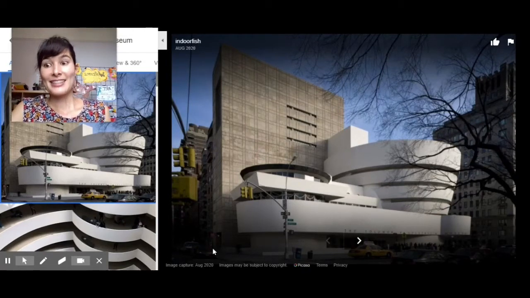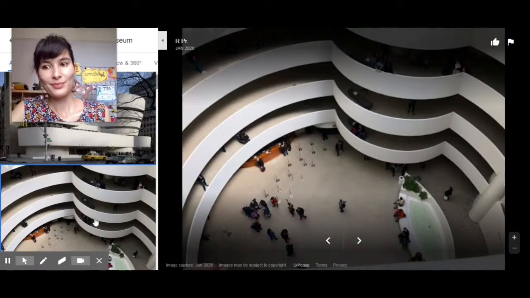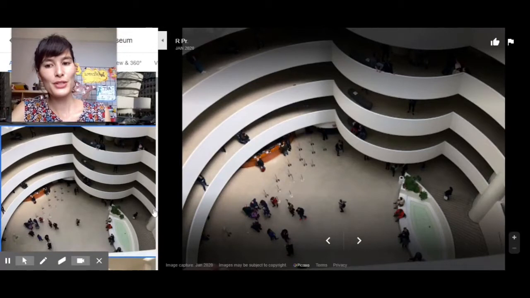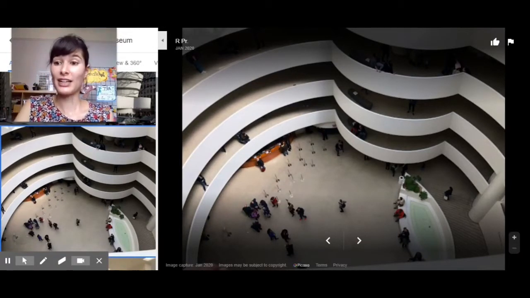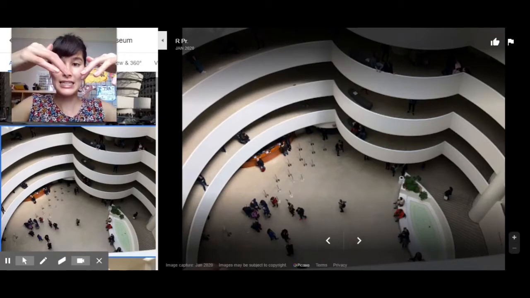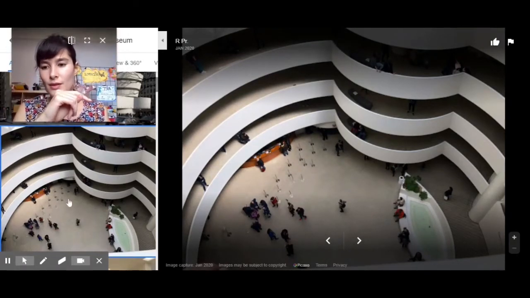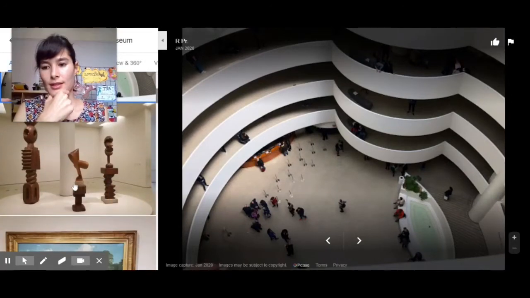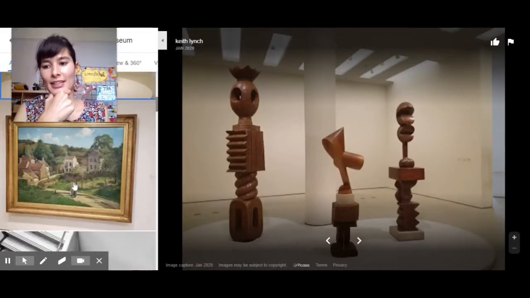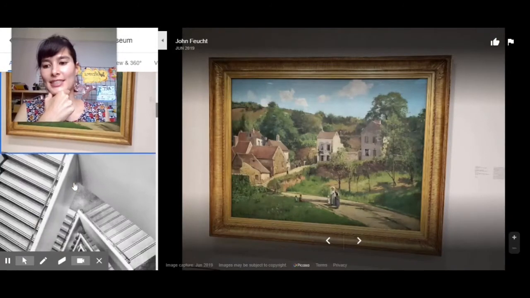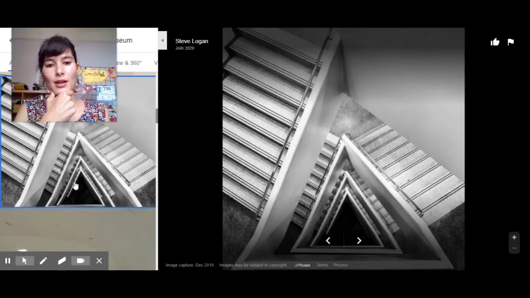Let's take a look at the inside. There's some photos. This is just Google Photos. Whoa, so you can see how the outside of the building is reflected on the inside as well. Now we're like inside the shell. All right, so now we're getting to some photos inside the museum.